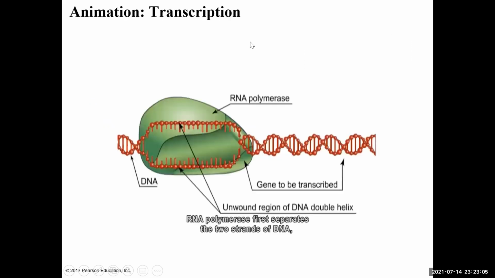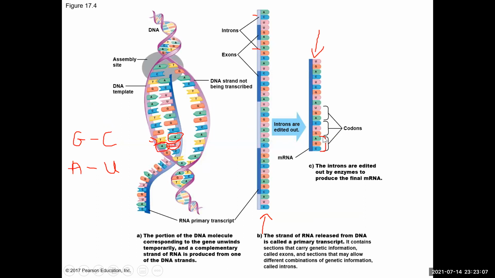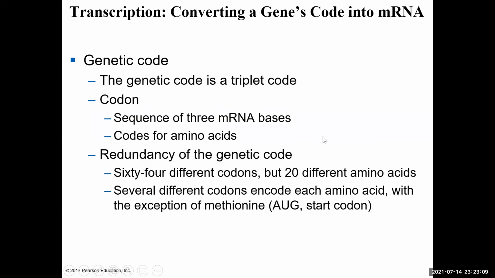Like we mentioned here, you end up with a sequence that is divided into codons. The genetic code is known as a triplet code, and that's the codons themselves. A codon is basically a sequence of 3 messenger RNA bases, and each codon codes for a specific amino acid.